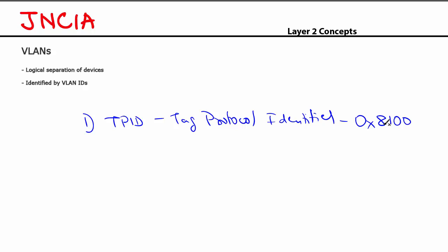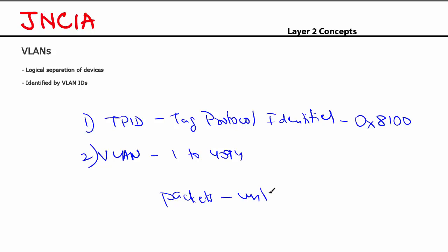That's the hexadecimal value for the TPID field if the packet has been generated on a VLAN. The second field is the VLAN ID field, which will be the values from 1 to 4094, indicating the ID of the VLAN. If your switch has not been divided into VLANs, the packets are considered to belong to the default tag, and the packets are called untagged packets, meaning they don't have a tag for a VLAN.